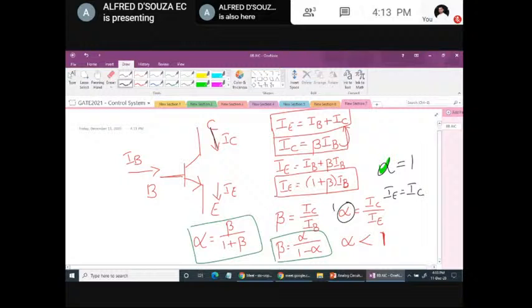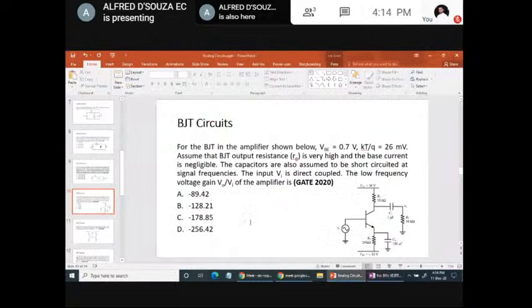Whatever current IC you are getting, the same current will flow through IE. That means this current is not there. If this current is there, then it gets added up. So if IC is equal to IE, that means IB will be equal to 0. That is one thing you should infer if alpha value is given as 1. So this much at least you should know about BJT.